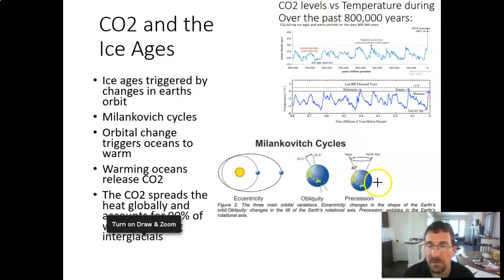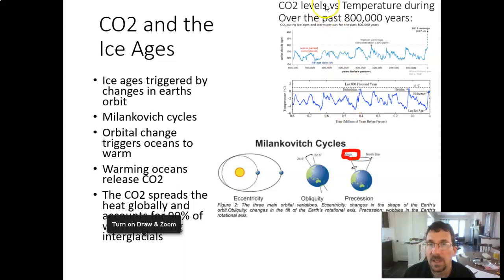And then finally, there's variation in what's called precession, which is how the Earth's axis is tilted into space around the sun. So right now, Earth's axis is more or less pointed towards the North Star, but at other times in Earth's history, it's been pointed towards other stars in the sky, such as Vega that you see here.